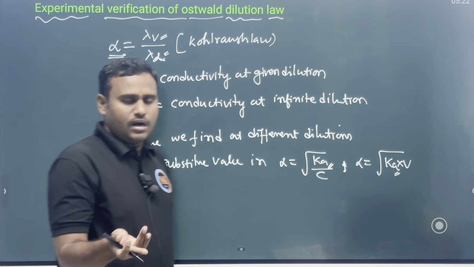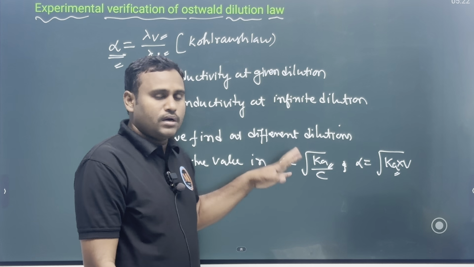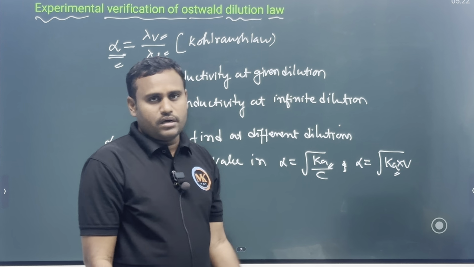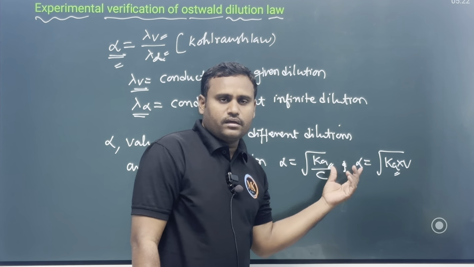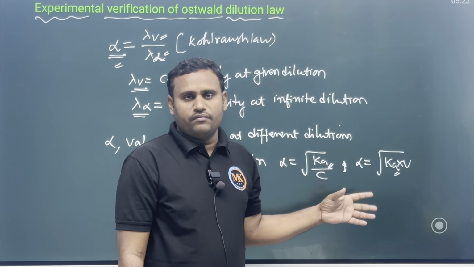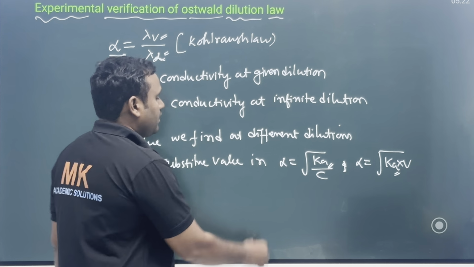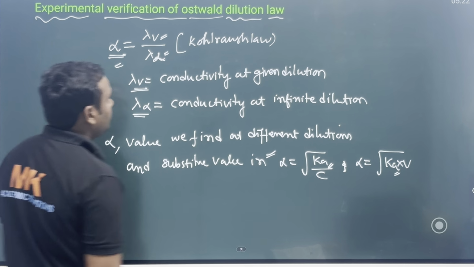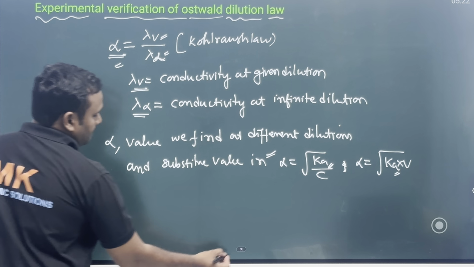If you do not get a constant value, it means Ostwald dilution law is wrong. But here we get the constant Ka value for weak electrolytes, so we can prove Ostwald dilution law in this manner.